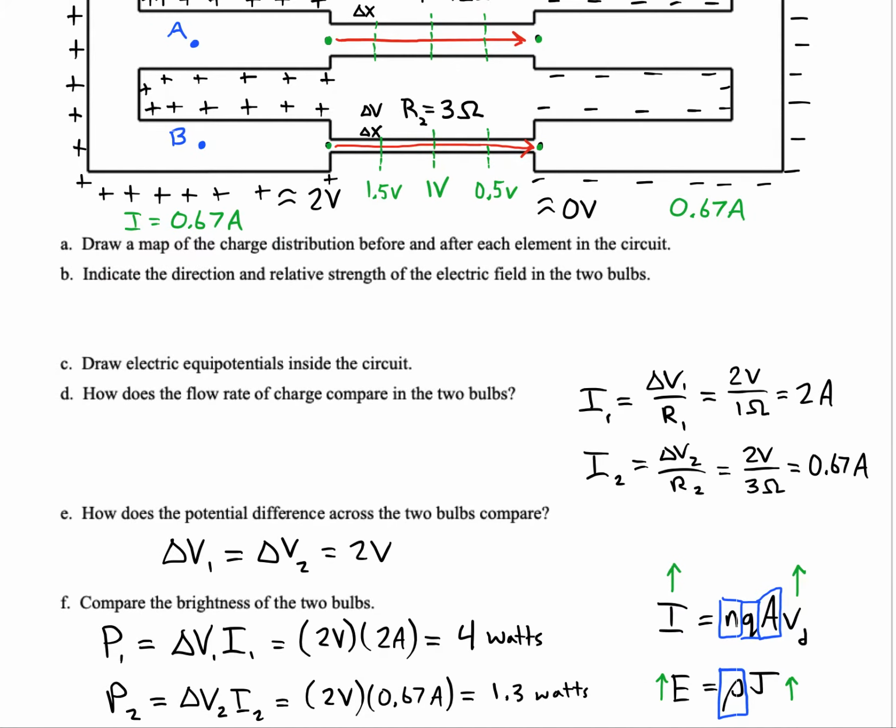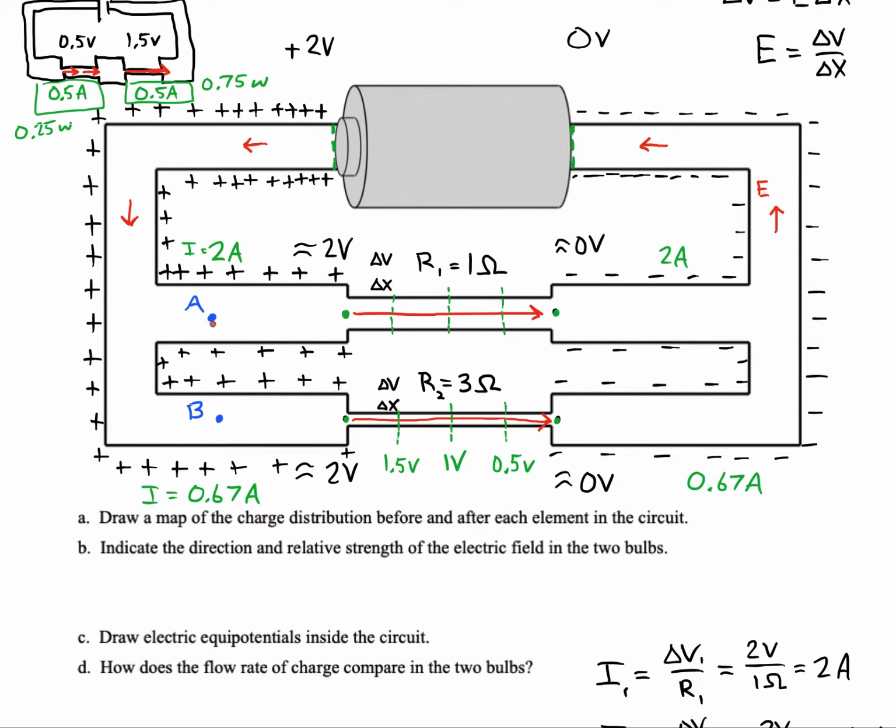because there's a difference between them. So I know that the current density in A is higher. It's the higher current, the higher current density, and the higher electric field as well in that branch versus this one.